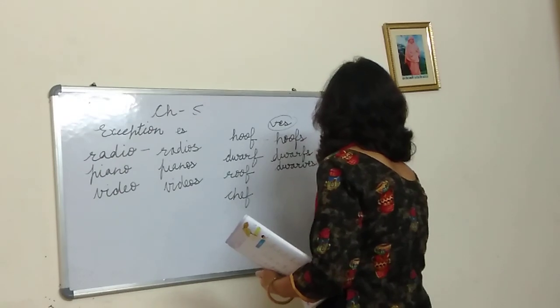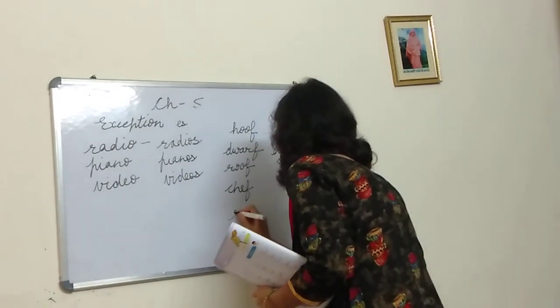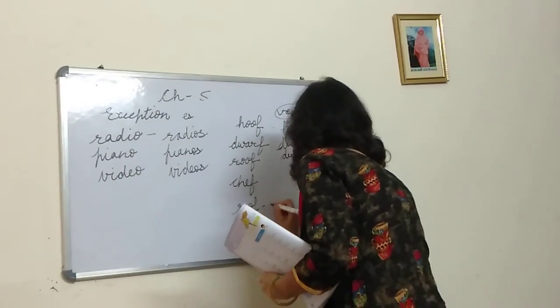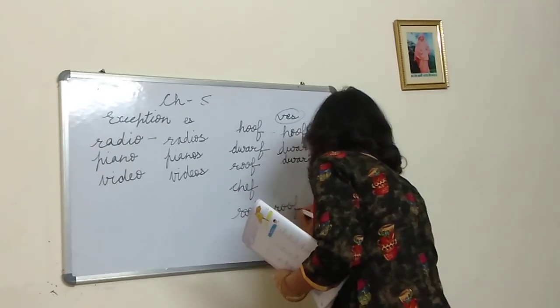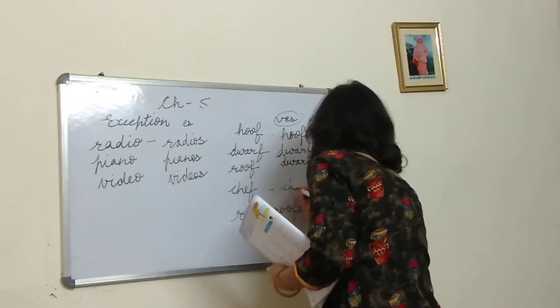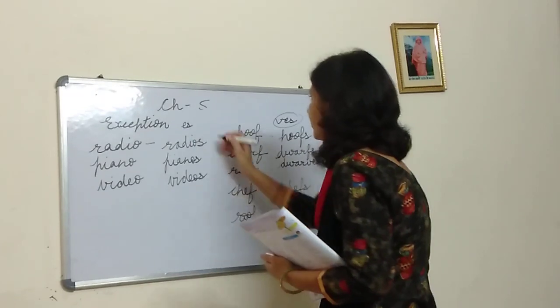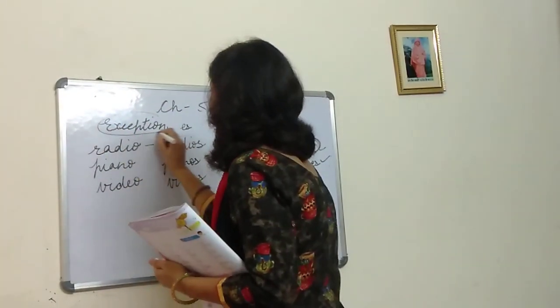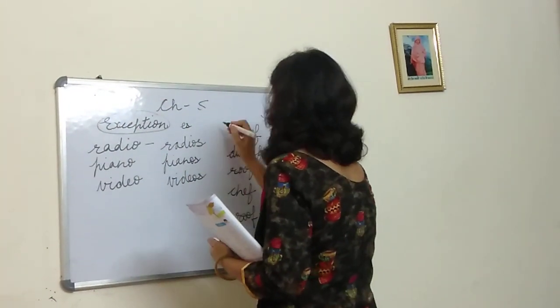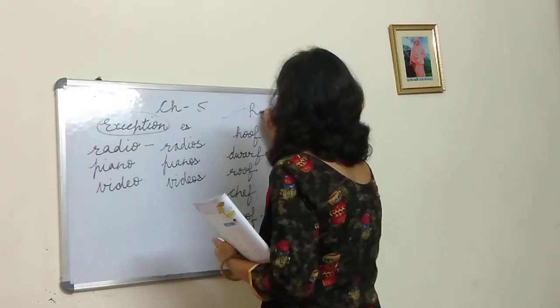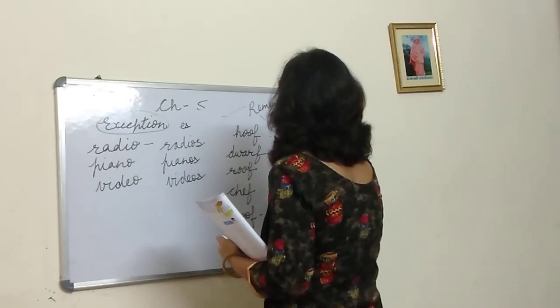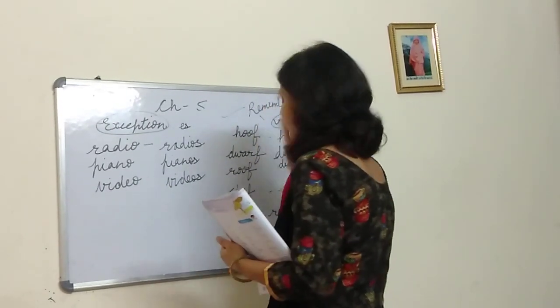Both are correct. Then roof, roofs, chef, chefs. So children, these exceptions you have to remember. Clear?